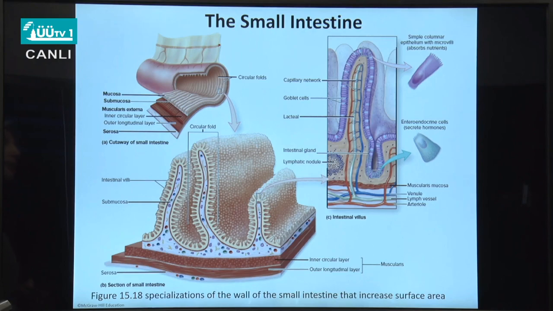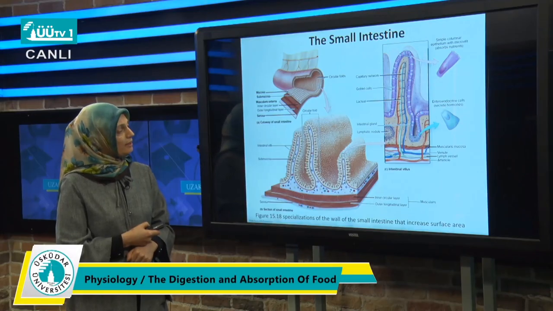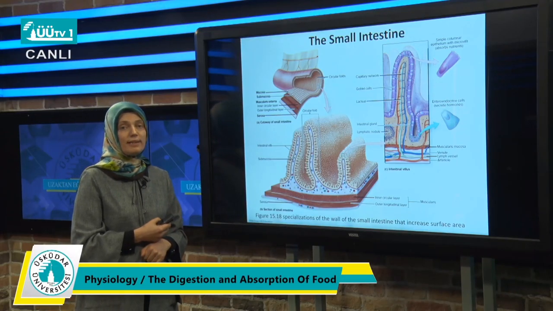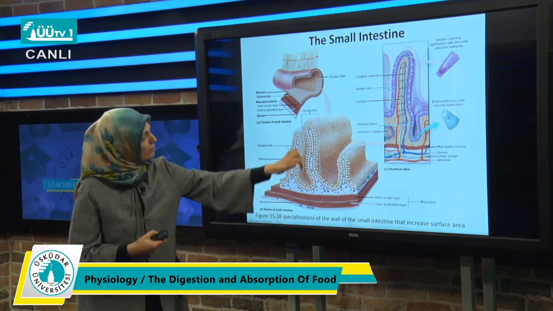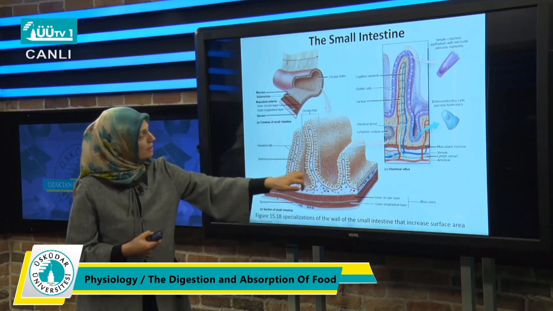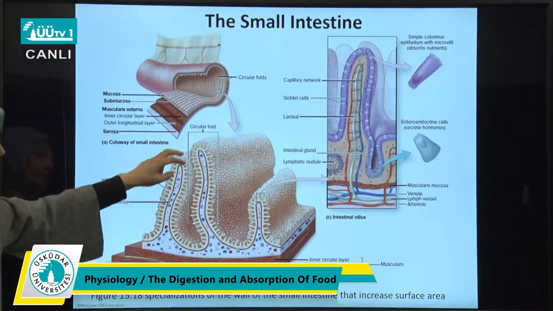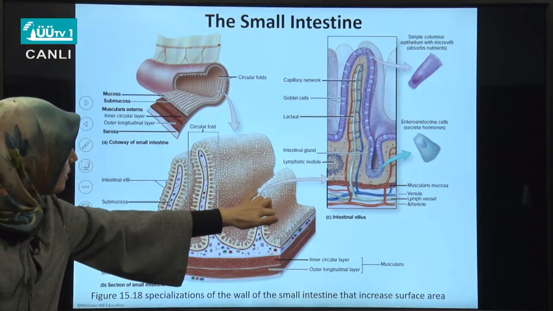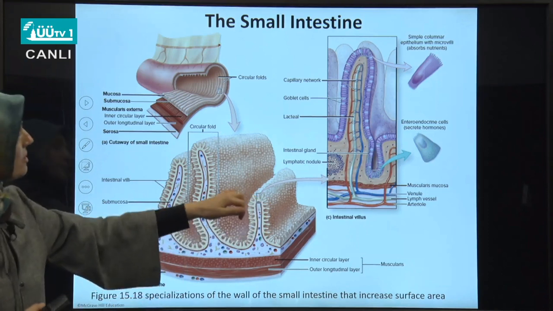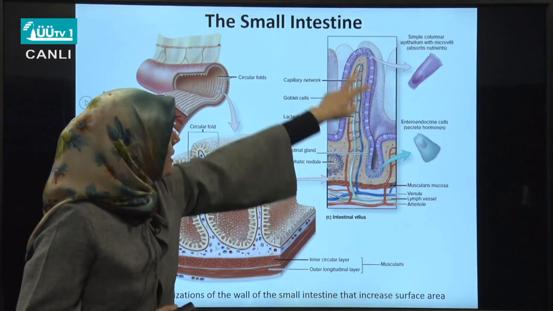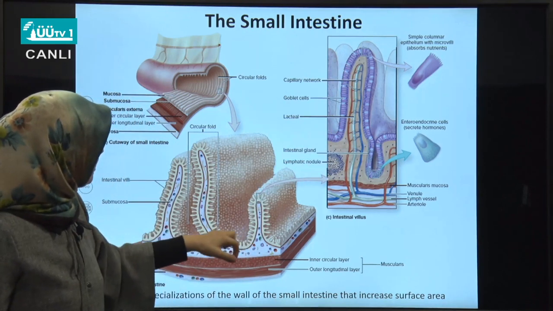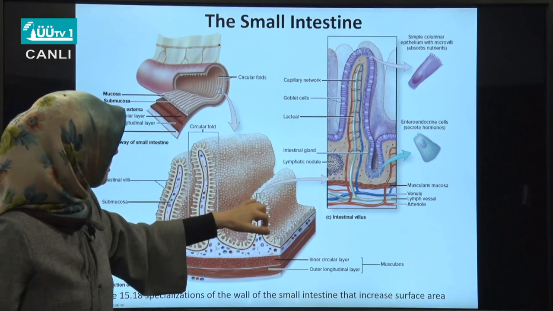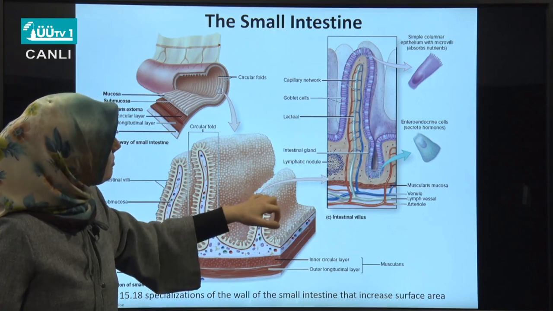Okay, so when we come to the small intestine, the small intestine has a very convoluted and folded structure. We see here the circular folds. And if we concentrate on this fold, let's say, okay, this is the villus. The villi are the finger-like protrusions, and the singular name is villus.